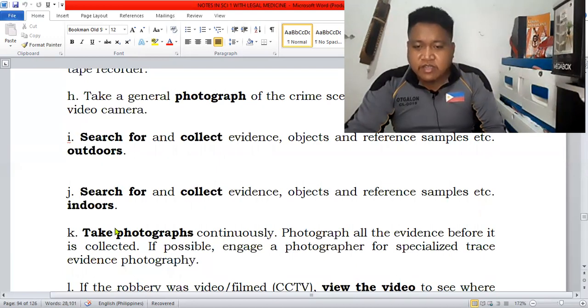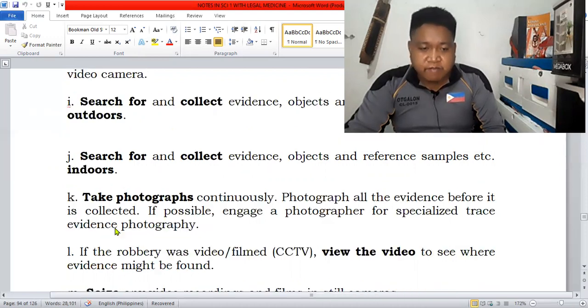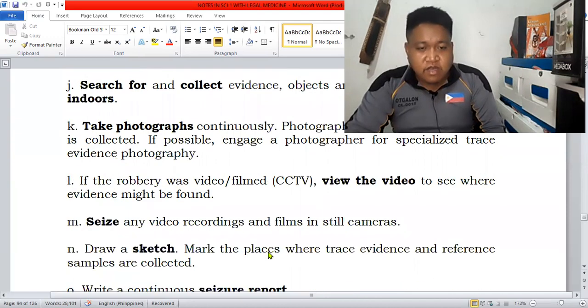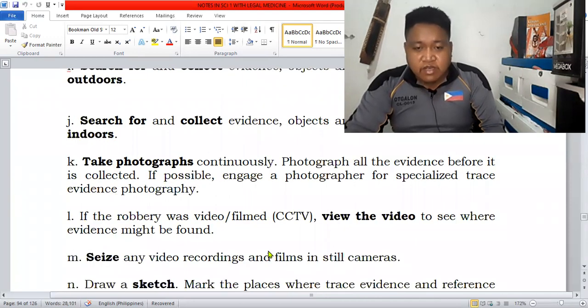If possible, engage a photographer for specialized trace evidence photography. If the robbery was video filmed, view the video to see where evidence might be found. Yan, pag may CCTV, you have to view it so that tignan mo ang pwedeng possible na nangyari, and so forth and so on.